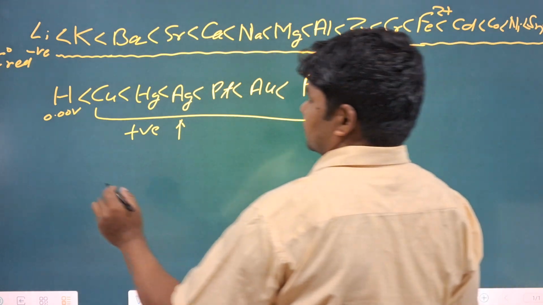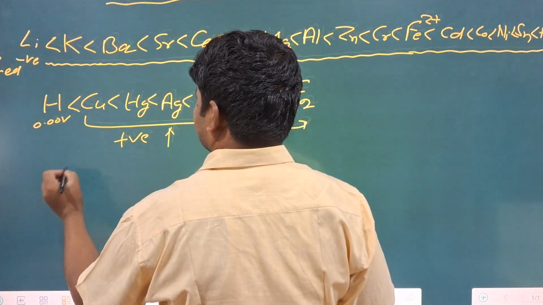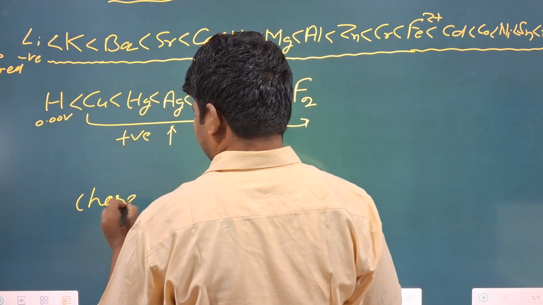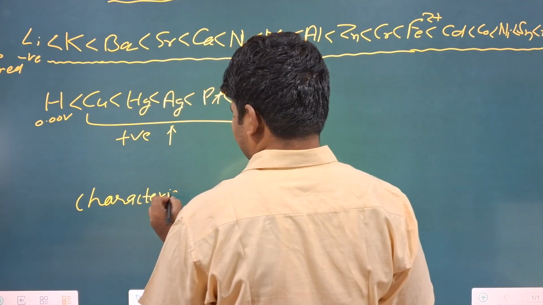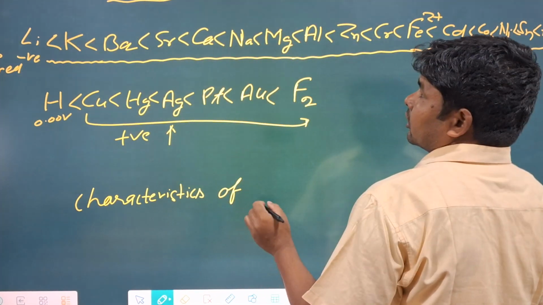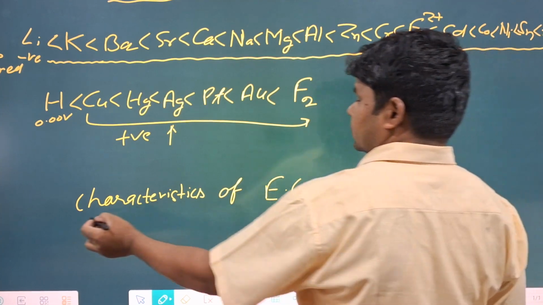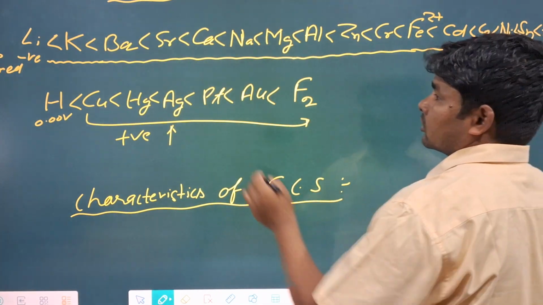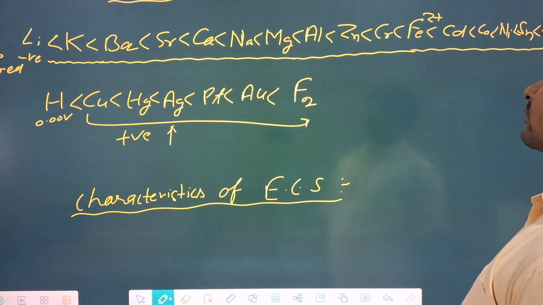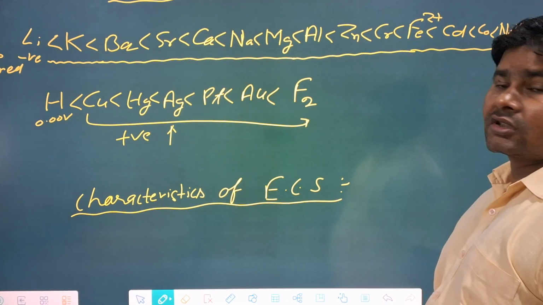Then we explain the characteristics of the electrochemical series. In this series, different elements are arranged in the order of increasing value of reduction potential.